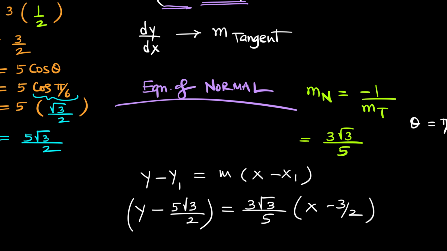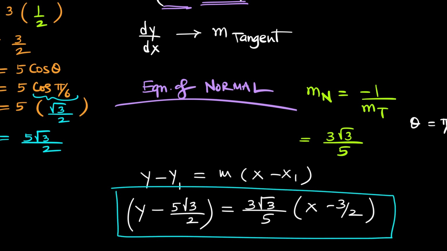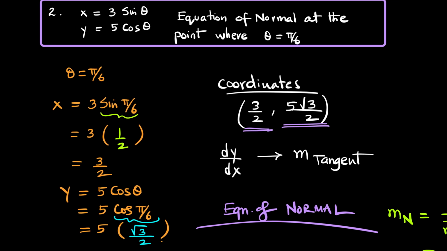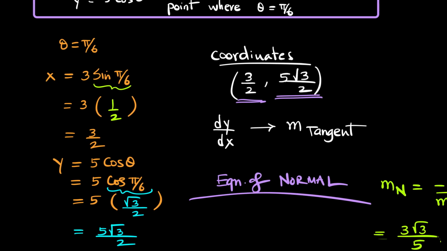This is the equation of normal to the curve at the point where theta is pi by 6. Let's have a look at this question. The question started with a pair of parametric equations. We are interested in finding the equation of normal at the point where theta is pi by 6. When theta is pi by 6, this is the x coordinate and this is the y coordinate.